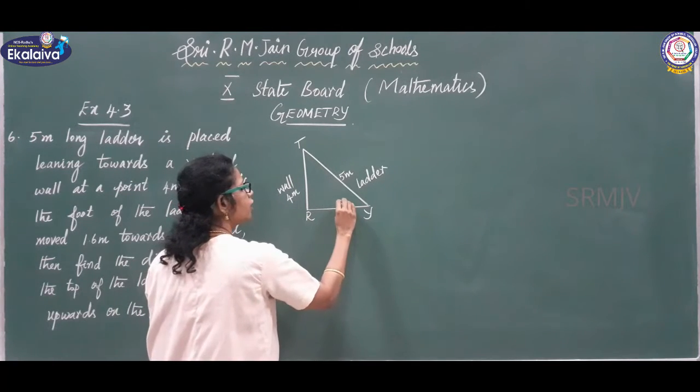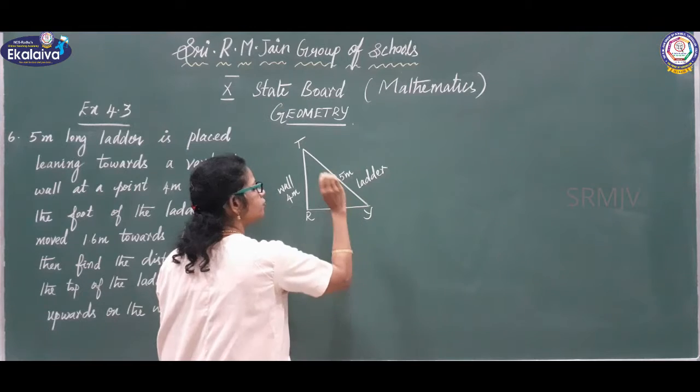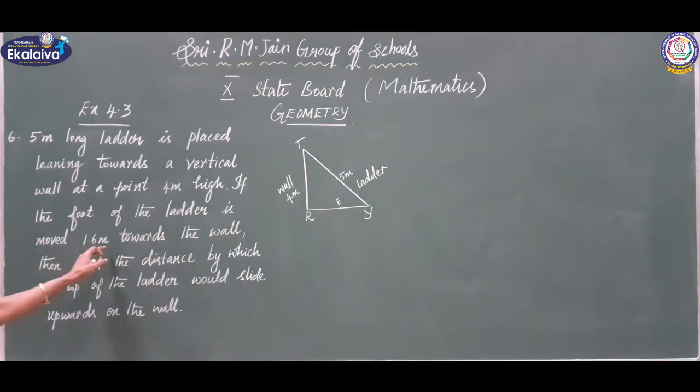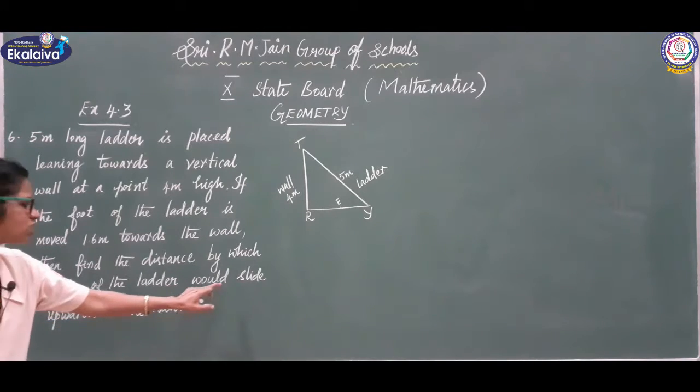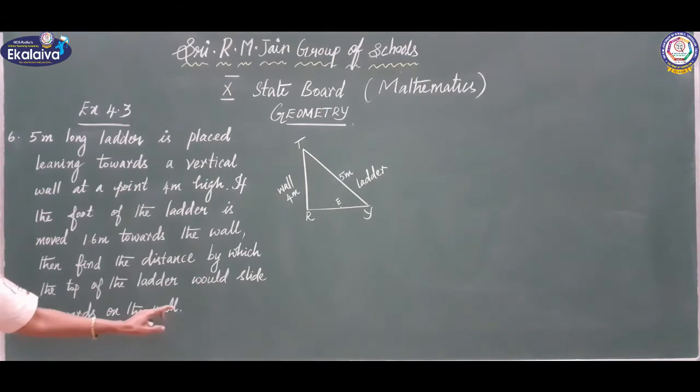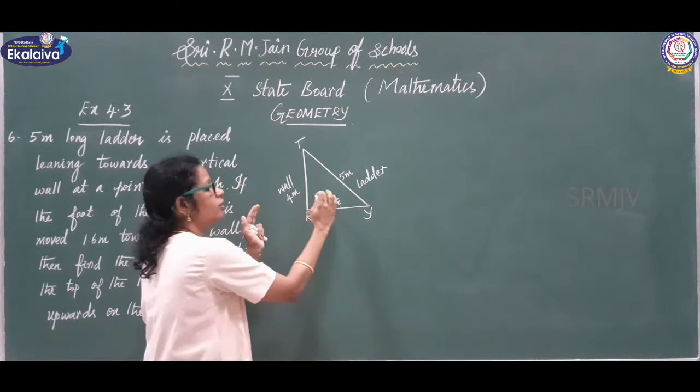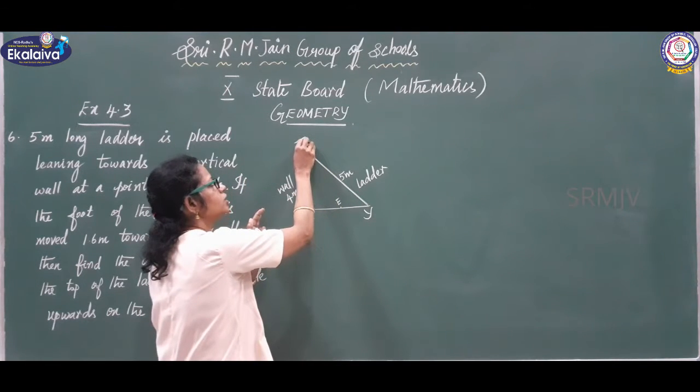Here you should make it as E. Then 1.6 meter towards the wall, then find the distance by which the top of the ladder would slide upwards on the wall. When you move towards the wall, the height will increase, right?